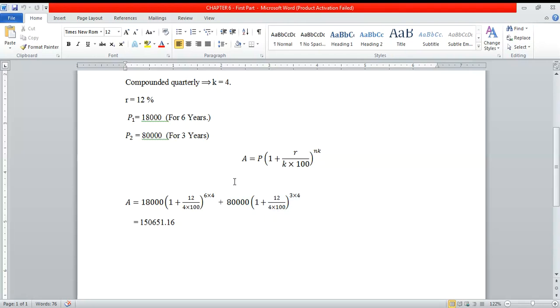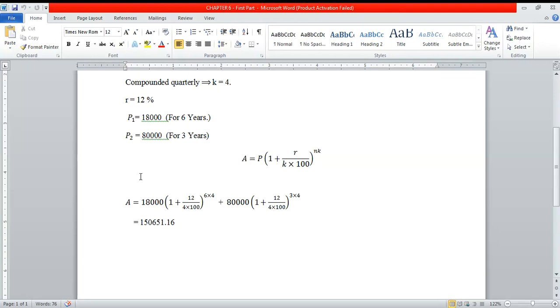That means 80,000 into 1 plus R, 12, by K, 4, into 100, power n, the second principal for 3 years, so n equals 3 into K, 4.